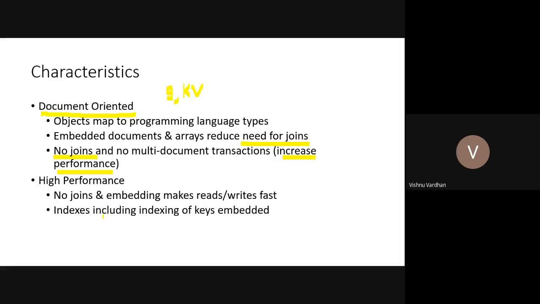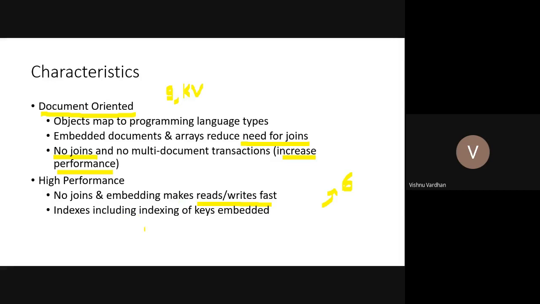Then high performance, no joins, embedding makes reads and writes very fast. Okay, if you are writing the data into 6 different tables, because you have pulled out the data from 6 different tables, similarly you want to write the data into those respective tables also, it makes the reading and writing capability somewhat slower.